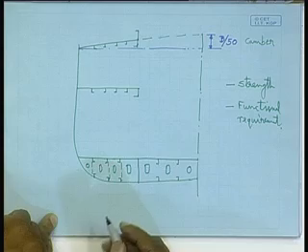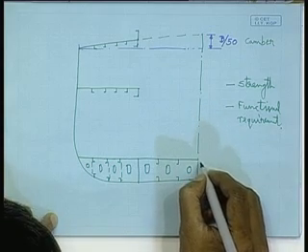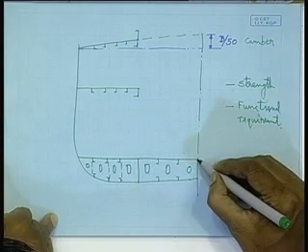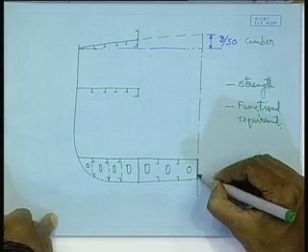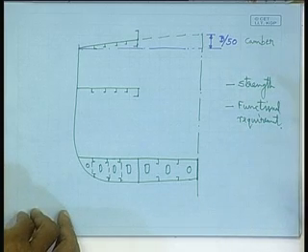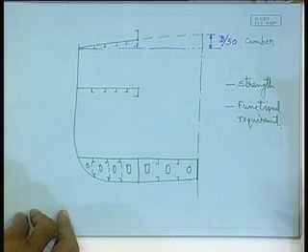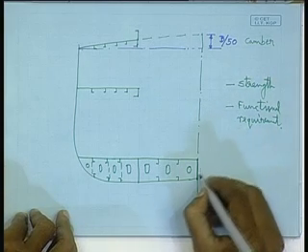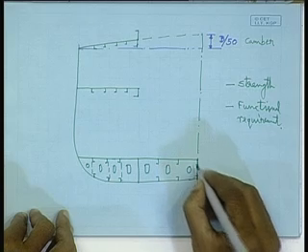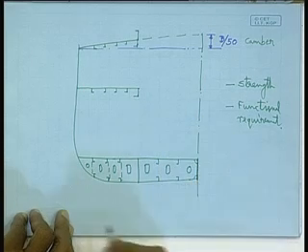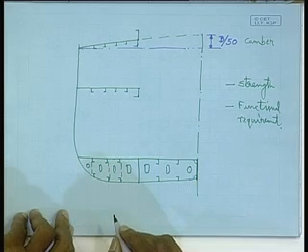So, the double bottom is drawn, and to be more accurate, make this a firm line indicating that we are giving a center line girder, and then make these small lines, the scallops.